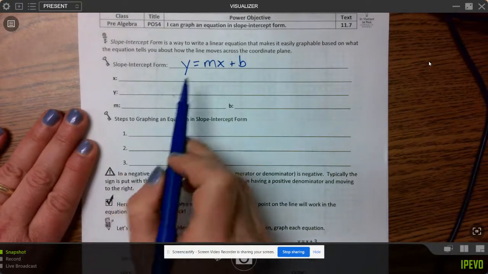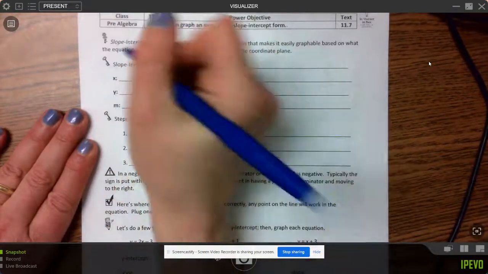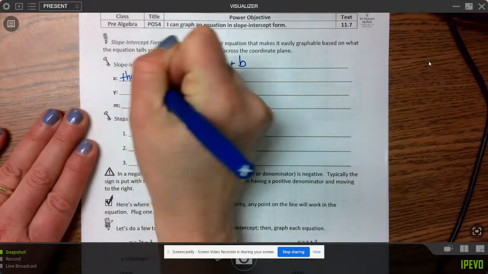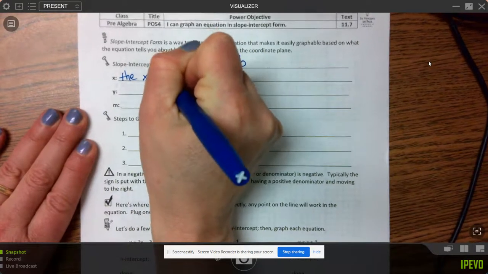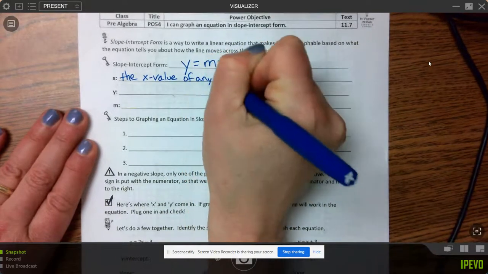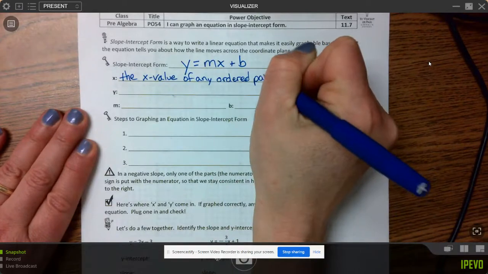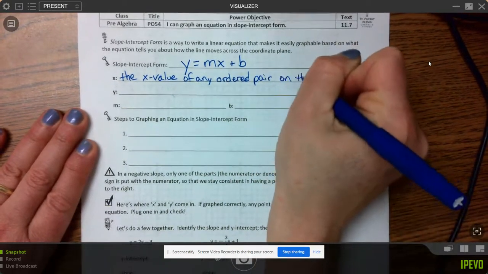Now we need to know what the x stands for. The x stands for the x value of any ordered pair on the line.